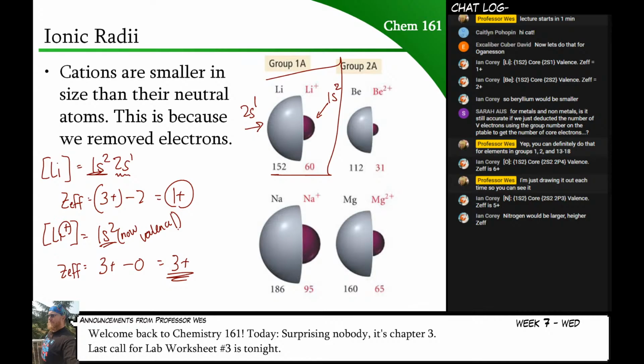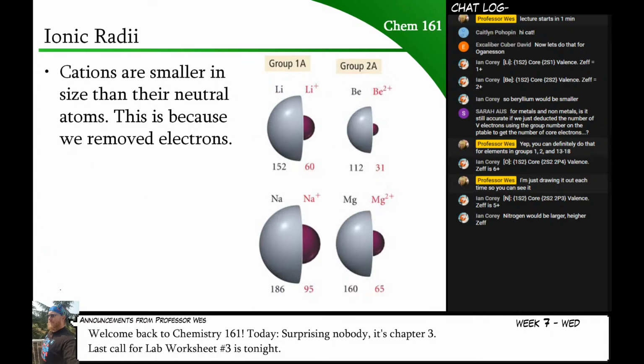Let's look at sodium as an example here, because you'll notice that the size for sodium goes way down as well. So if I have sodium here, if I calculated Z effective, here are all my core electrons. Sodium has 11 protons, minus the 10 electrons there. There's its Z effective.